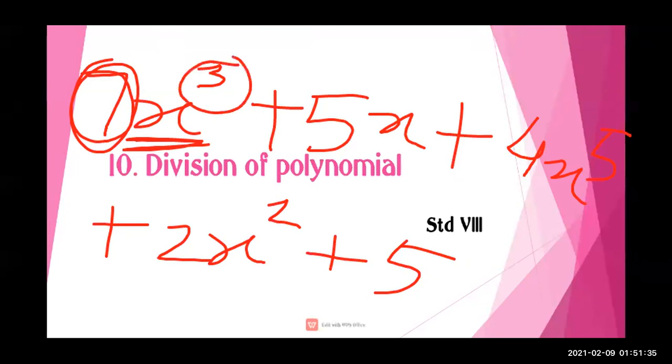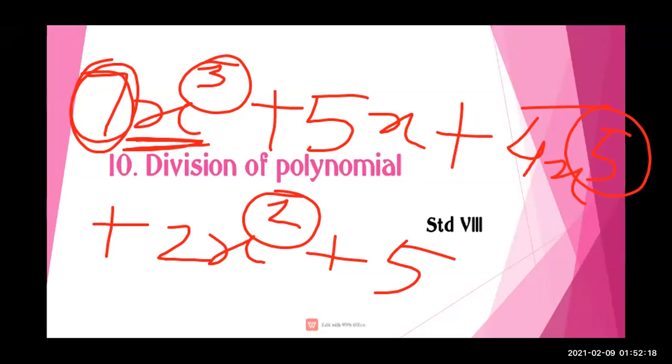See, 3, 5, 2, these all are the indices. Now degree means which is the highest index among these. So the highest index is 5. If questions like this come, find the highest or greatest degree. So here 5 is the degree of the polynomial.